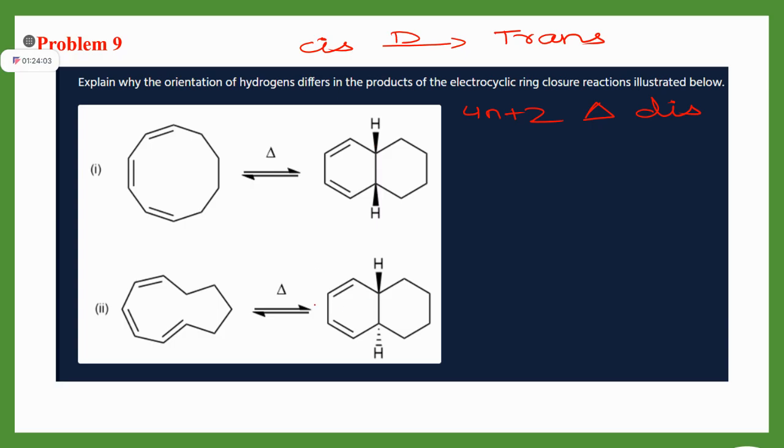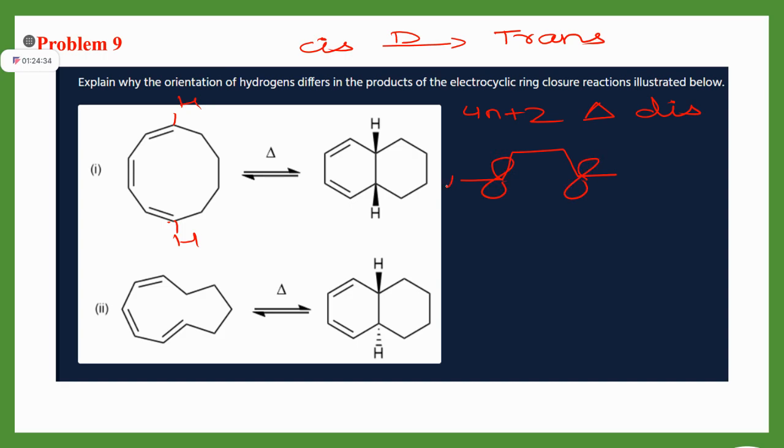So this 4n plus 2 system in heating condition is disrotatory. And one thing is obvious, it will be disrotatory only. So if you see here, hydrogen is here and here hydrogen is here.